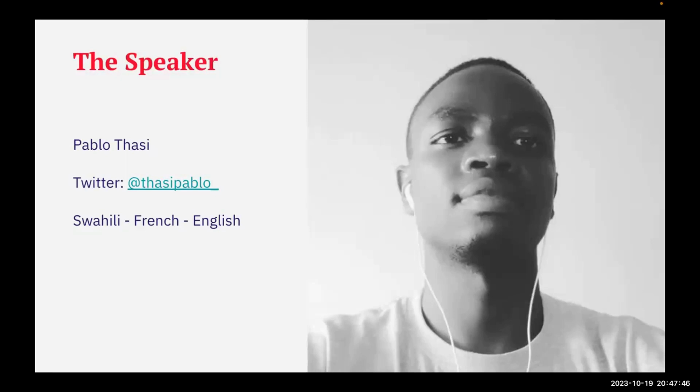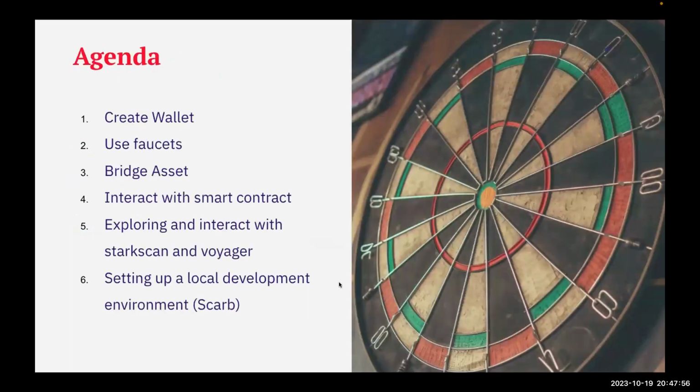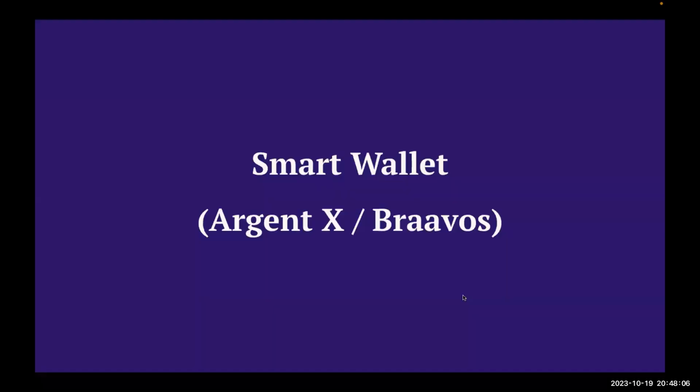So you can reach out to me in these three languages. I'll be happy to share with you. Can you be a bit more audible, please? We are finding it difficult to hear you, Pablo. Oh, okay, let me change it.